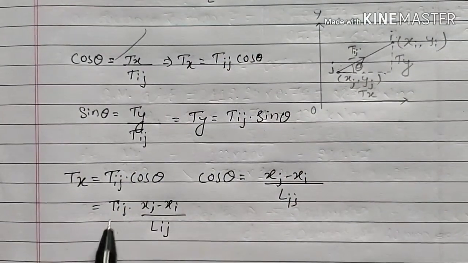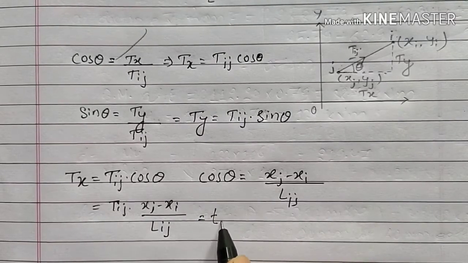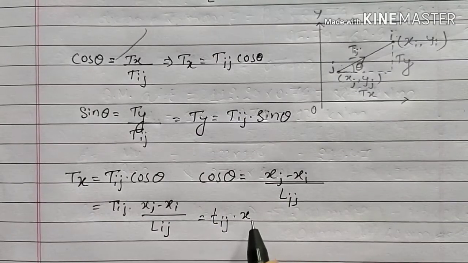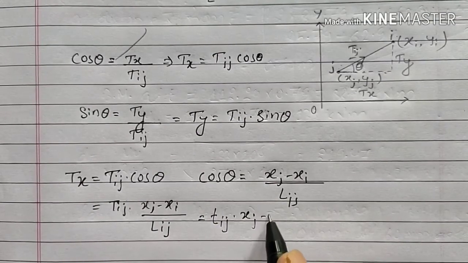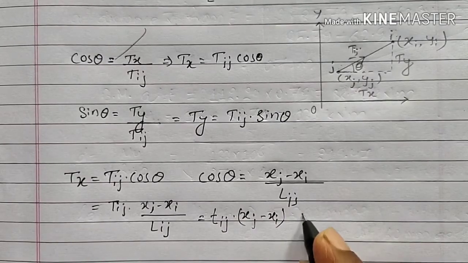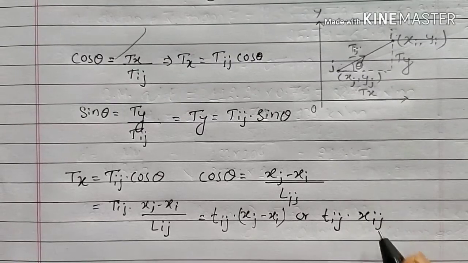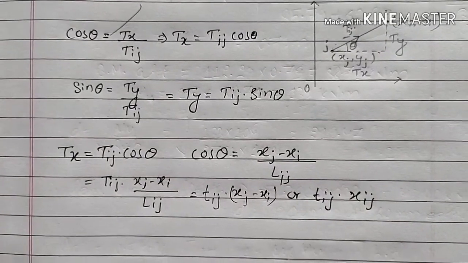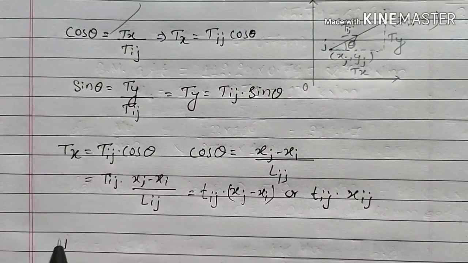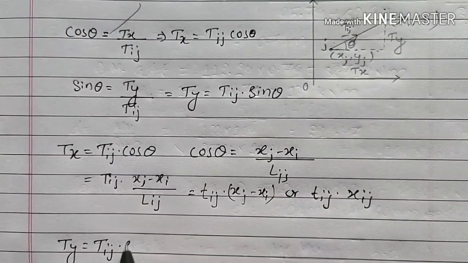So we can write Tij by Lij equals tension coefficient small tij, so Tx equals small tij into xj minus xi, or tij times xij.